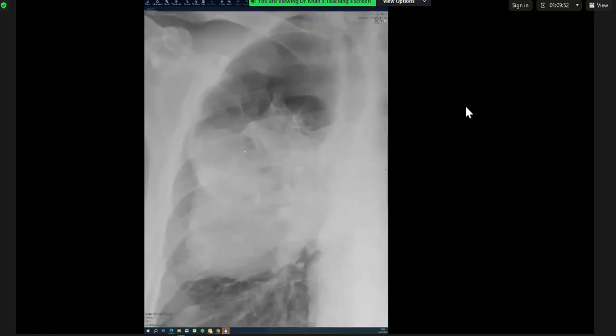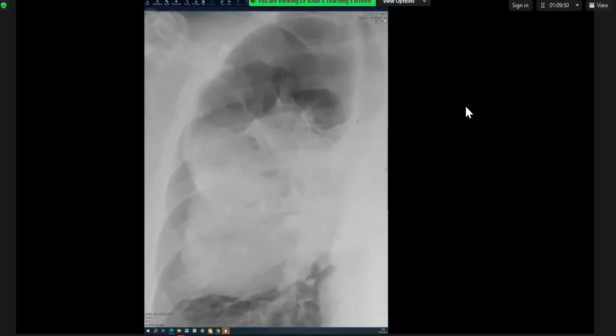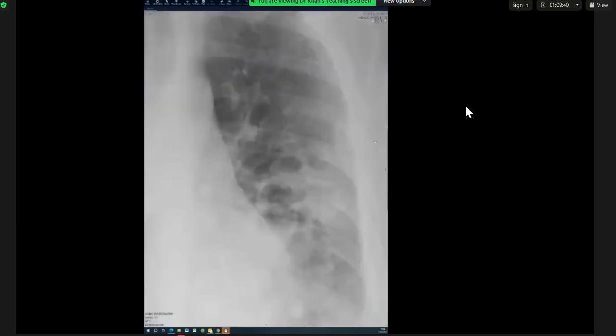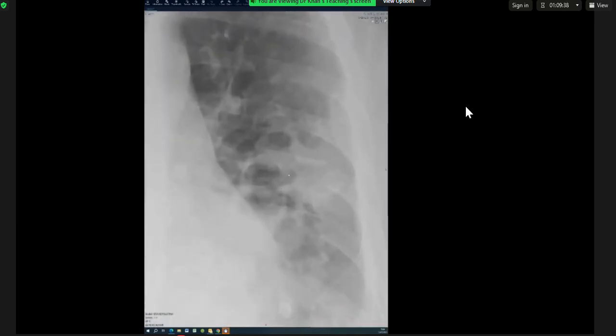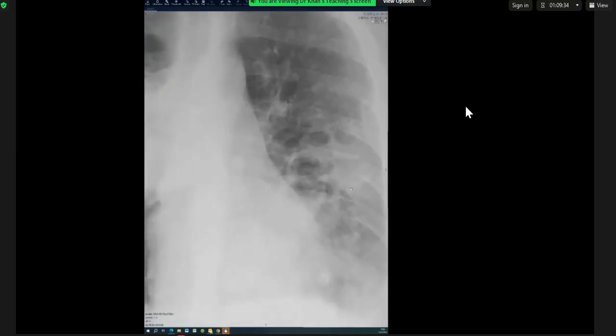This may be multi-component. This can be maybe a cystic lesion but not typical with a fluid level. Maybe here multiple cavitations or multiple cystic changes in the region.